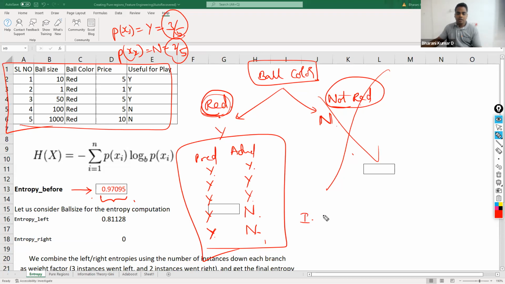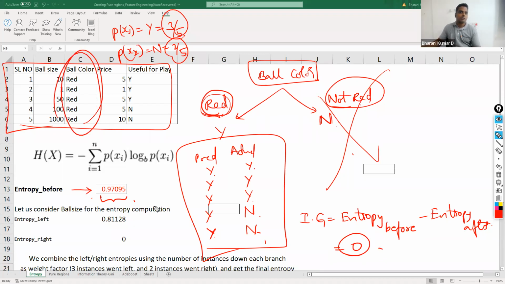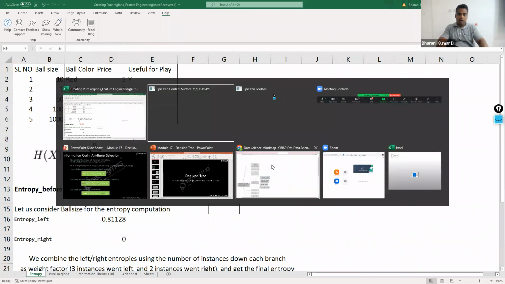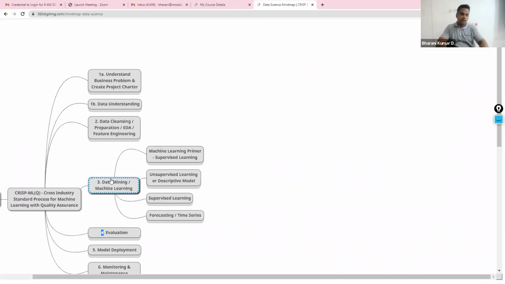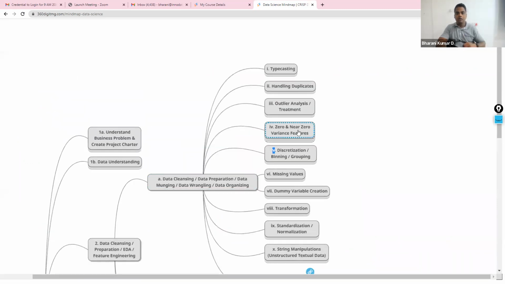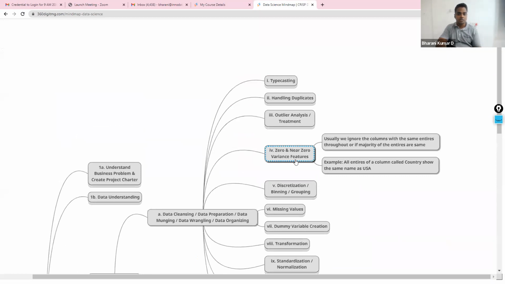And what is information gain? Entropy before minus entropy after. And entropy before minus entropy after, what would you get? So do we have any information in this? No. Now tag it back to the discussion we had in the very beginning of the training, in data cleansing, where we discussed something called zero variance or near zero variance features.